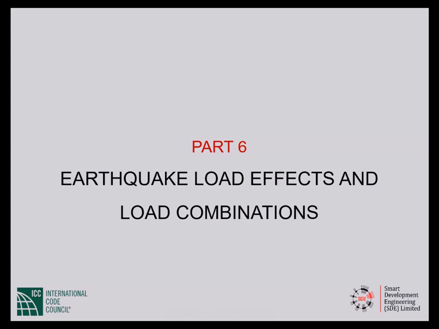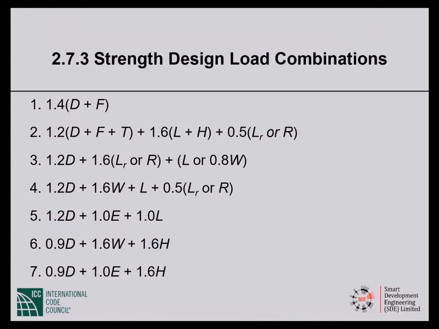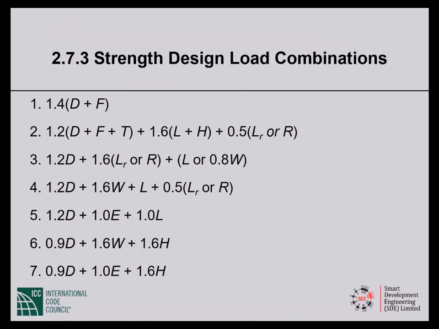Okay, now we are going into a different but very, very important area: earthquake load effects and load combinations. Load combinations themselves we talked about last week. And in the design load combinations, there was earthquake effect E, and we will look deeper and closer into that. Okay, so these are the strength design load combinations of BNBC 2020.